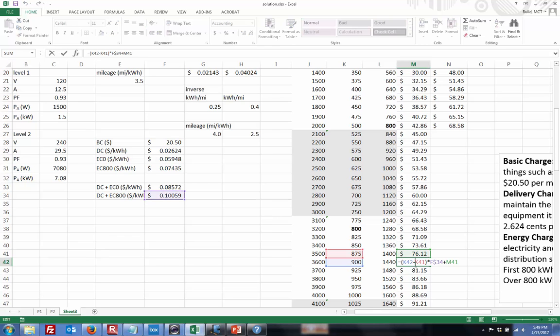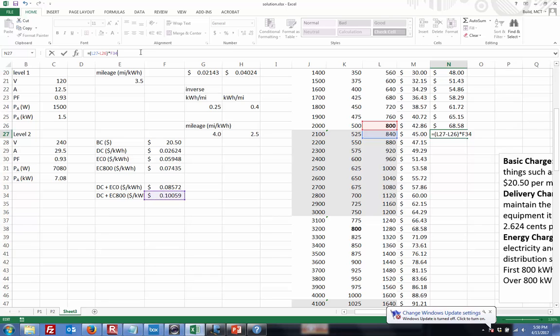Okay. And that just continues. So let me put this in again. So this equals the change in energy. In this case, since it takes more energy per mile, this is going to equal, open paren, this minus this, times the higher rate, plus what we've already paid.